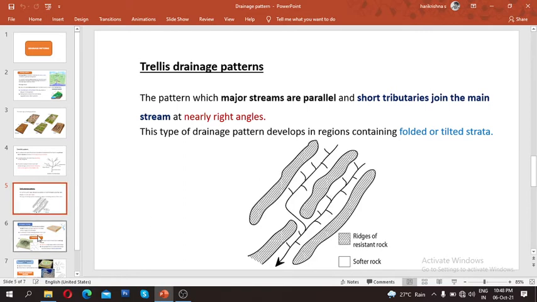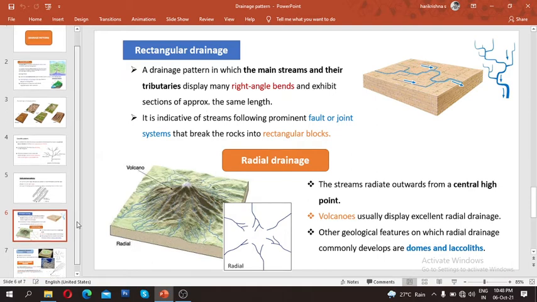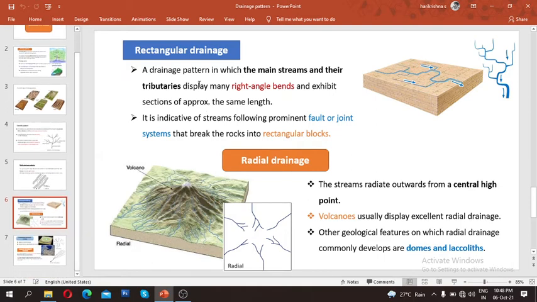Now here is another drainage pattern which you can see, that is the rectangular drainage pattern. A rectangular drainage pattern is a drainage pattern in which the main streams and their tributaries display many right angle bends and exhibit sections of approximately the same length.